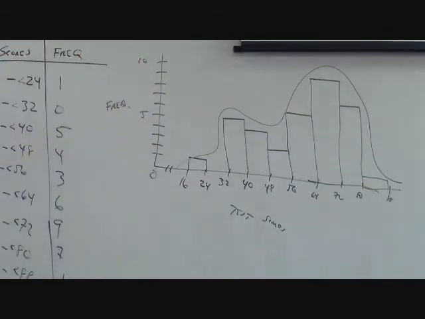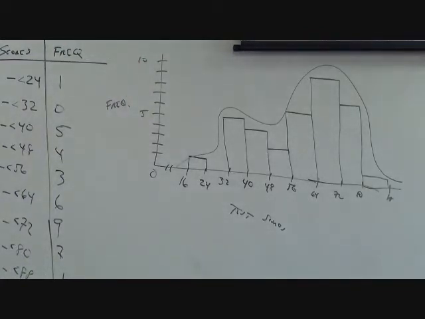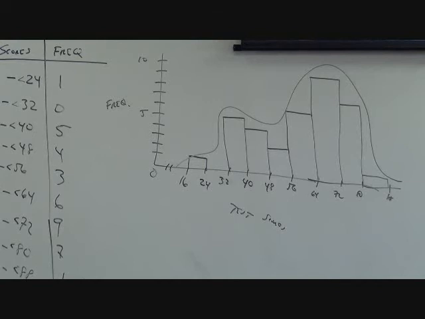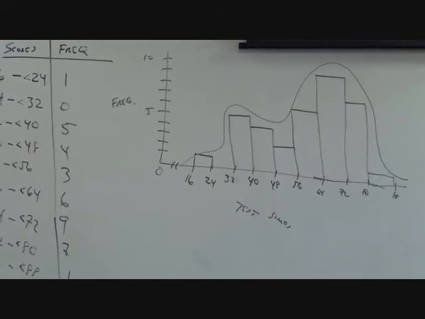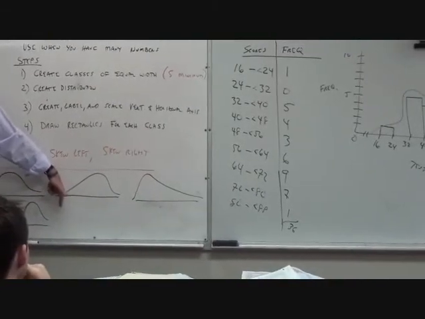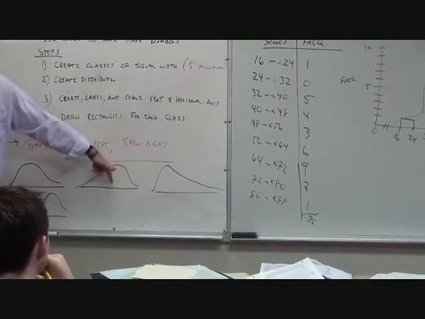So that tail had to go way over here to get to that small number. We call that skewed left. I need you to understand why this tail was long. We had some really small test scores compared to where the other ones were.